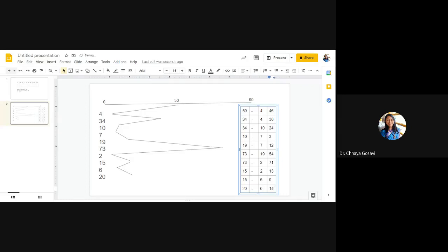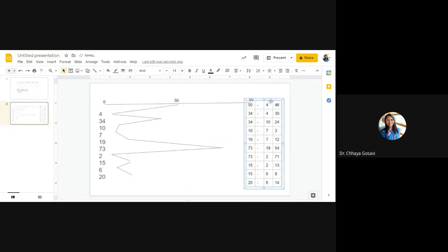What is the total distance? We have to add these distances. 46 plus 30 plus 24 plus 3, 12, 54, 71, 13, 9 and 14.